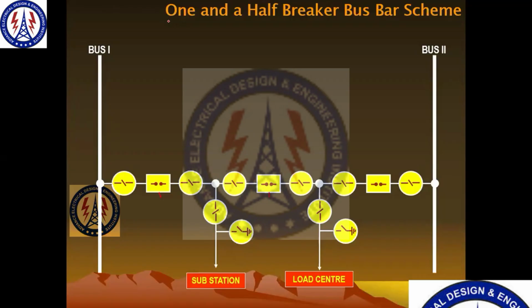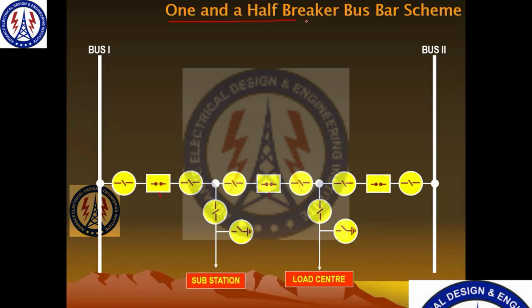So the first question comes, why do we call it 1.5 breaker? Can anyone tell? One and a half breaker because in this, two bays share a tie breaker, and it is 3 by 2, in which three breakers are there between two buses.